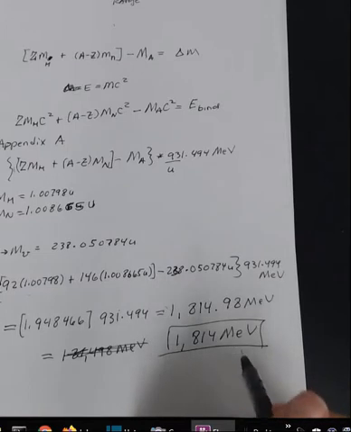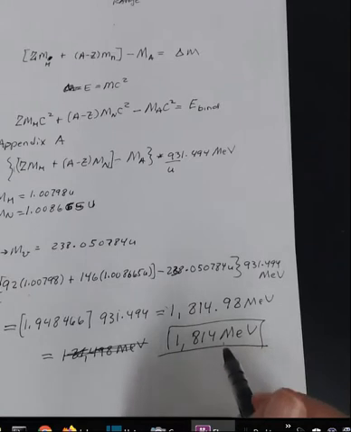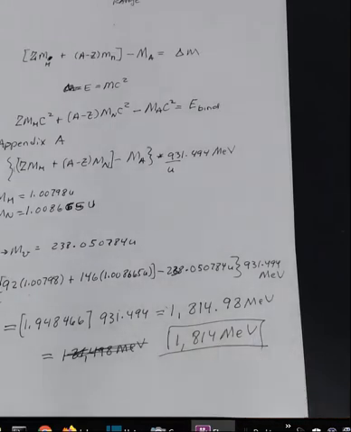Of course, the binding energy to hold U-238 together is going to be much more than something like iron, right? Iron has atomic number 26, and uranium's got 92 protons.